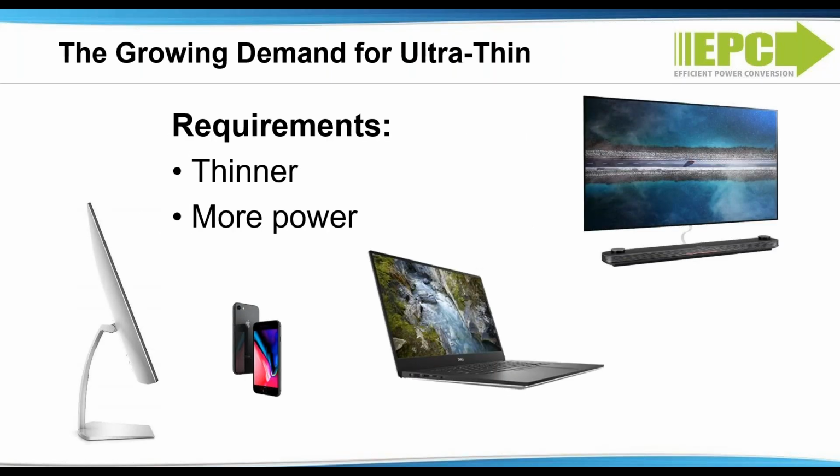As computers, displays, smartphones, and other consumer electronics become thinner and more powerful over the past decade, there's increasing demand for addressing the challenge of thinner solutions while extracting more power out of limited space. To address this challenge, we'll first examine the feasibility of adopting various non-isolated DC to DC step-down topologies for an ultra-thin 48-volt to 20-volt power solution.